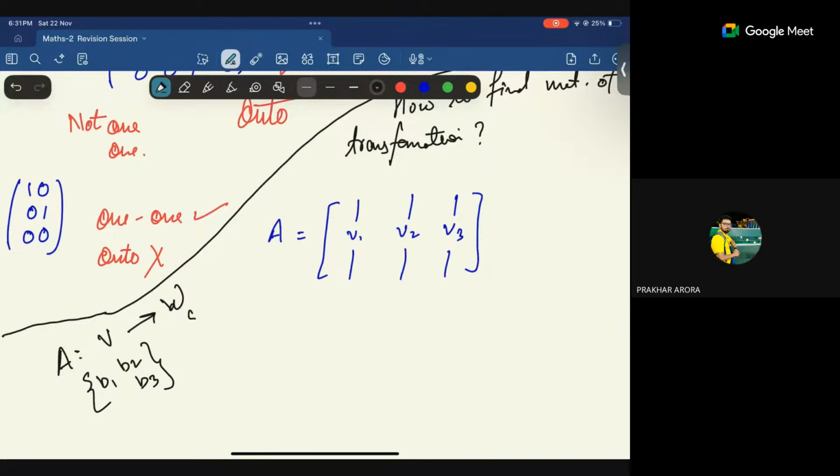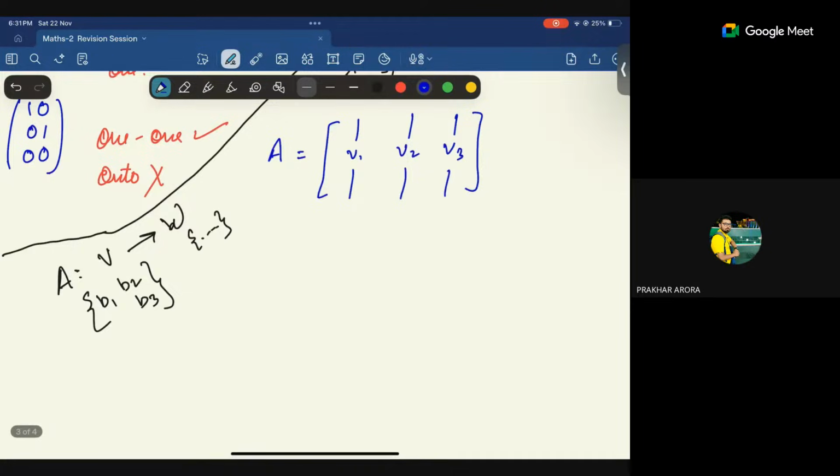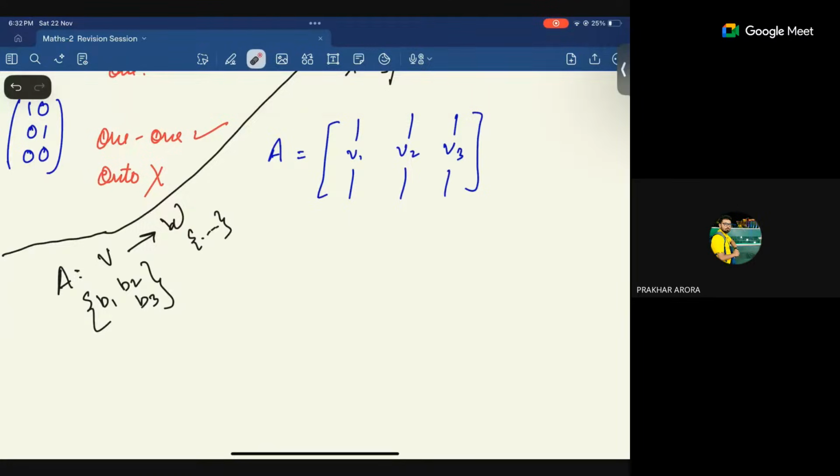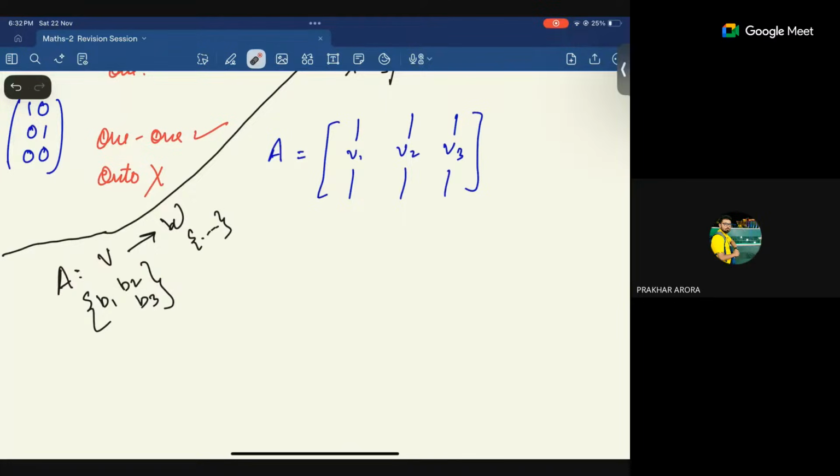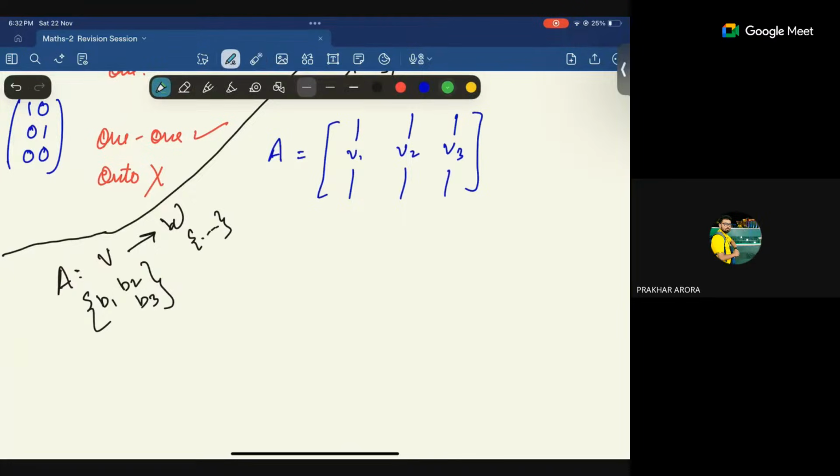We will look at it later. Now what is the meaning of this? This is the information that I have. What all can I tell from here? I can conclude from here that transformation, just a second, how do we write that?